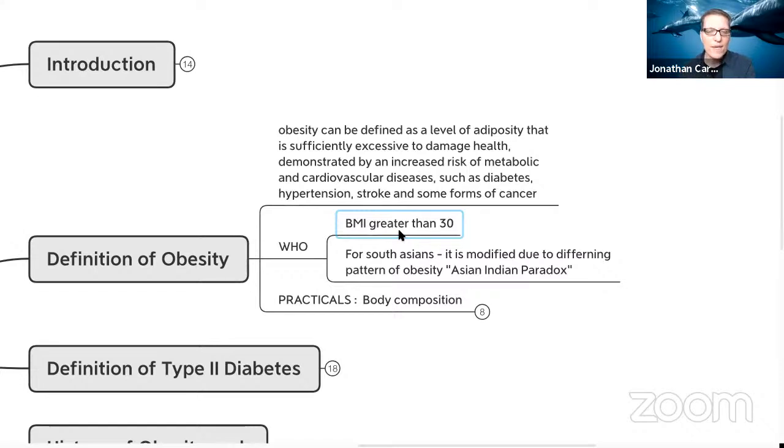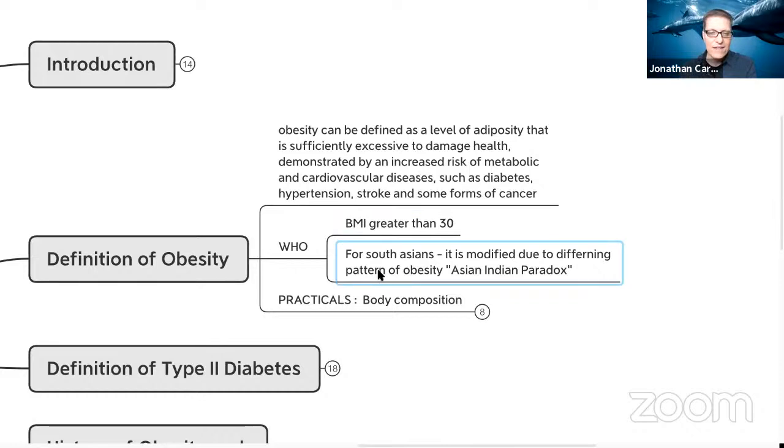So the BMI can be skewed. What we want to focus on, just as a practical thing, is body composition. The reason that they don't focus on that internationally is because they have to have some sort of easy to calculate number that they can look at disease rates and such. So they look at a BMI of greater than 30.